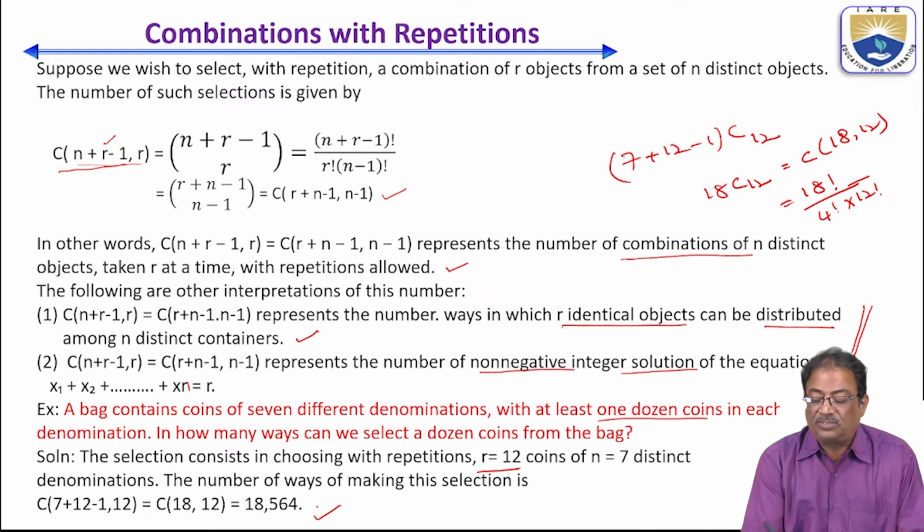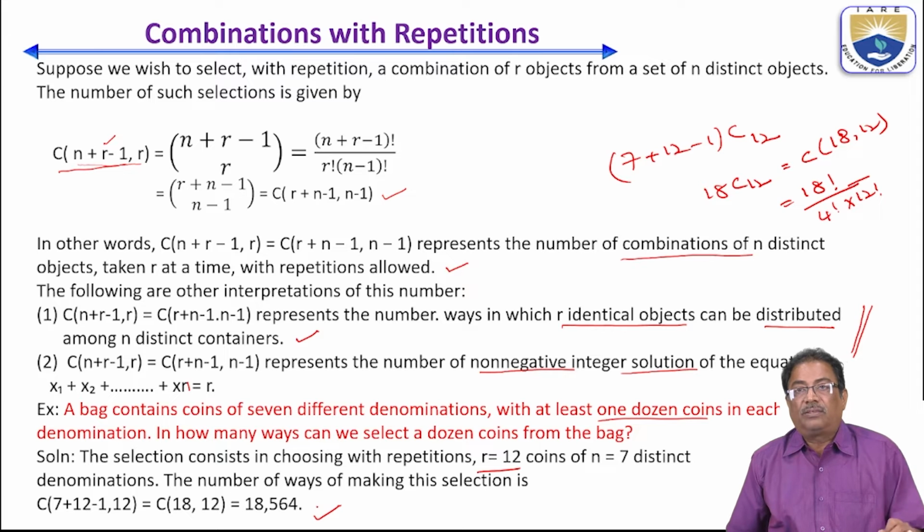After simplification, we get 18,564 ways.